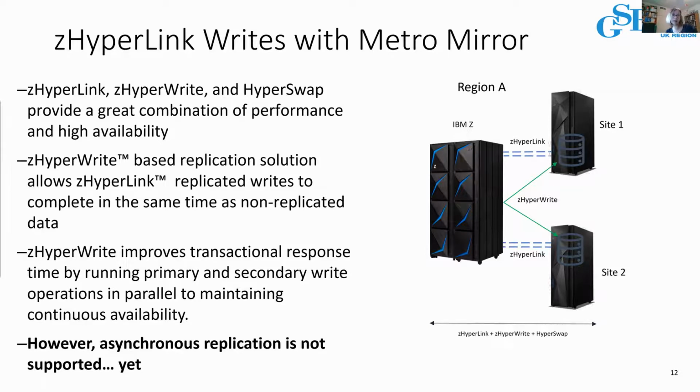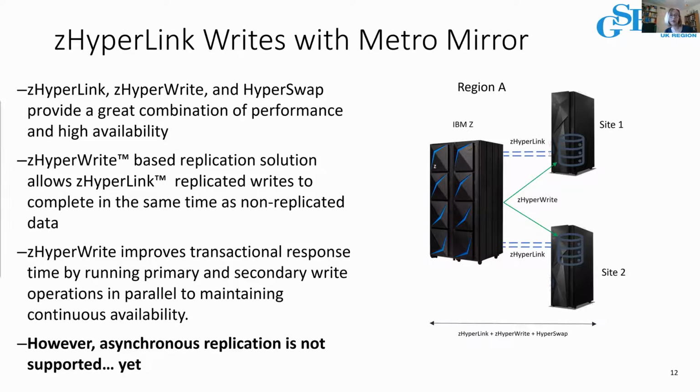So with HyperLink, HyperWrite, and HyperSwap, you get performance and high availability. You're going to use HyperWrite to be able to do those replicated writes. They're going to complete at about the same time. It looks a lot like the kind of behavior you would get with simplex.